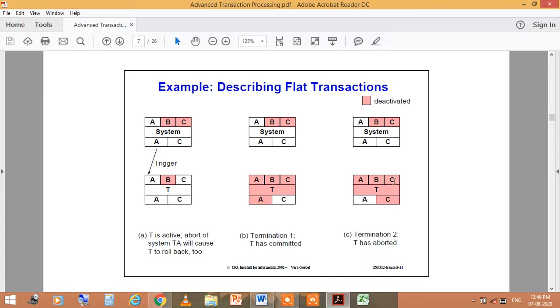Termination 2 means T has aborted. If it starts from this, there is no role of C, meaning there is no final output. The start is the same and the ending is the same, so the condition is aborted, because there is no separate source and destination. The source and destination are the same thing, that is A.